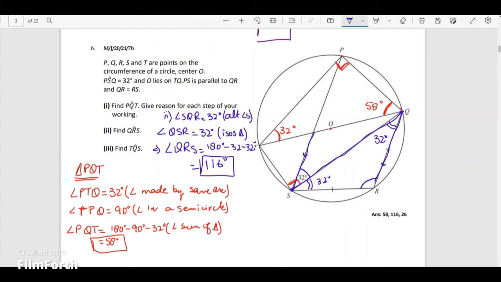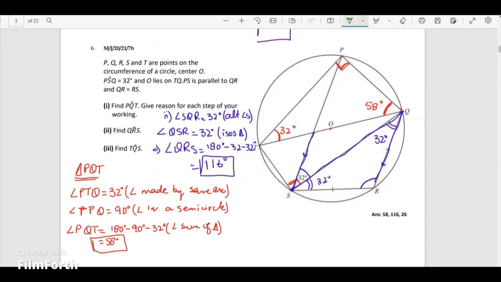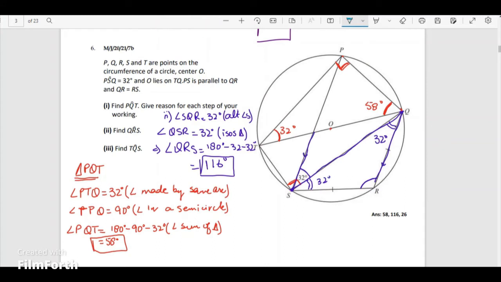Now next we have TQS. For TQS, let's take a nicer color maybe. Let's take this. TQS, this angle right here. Now that is pretty easy, not too hard.